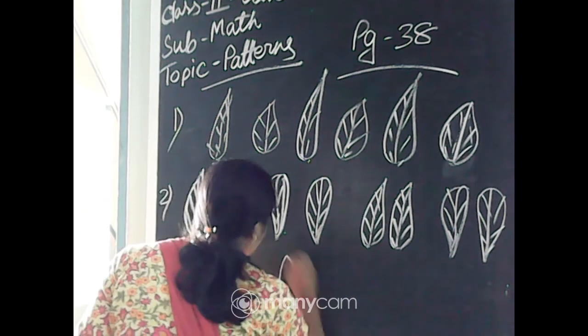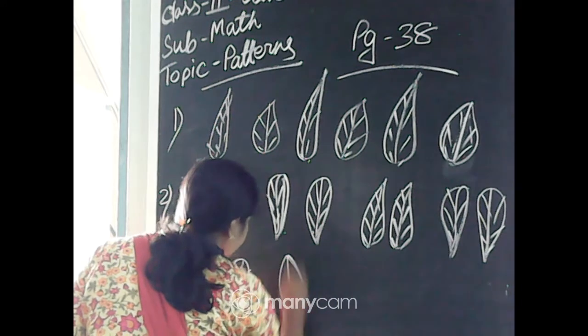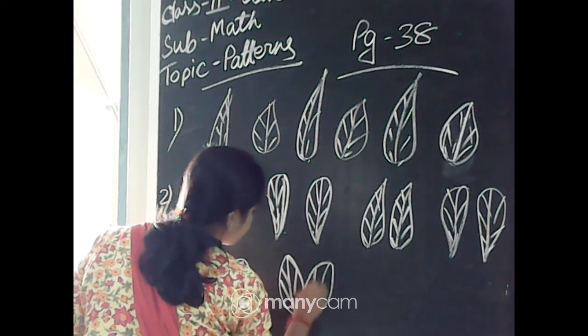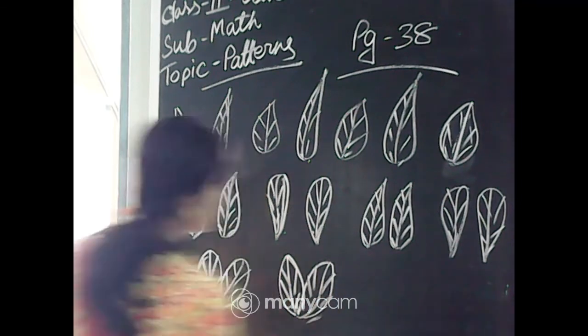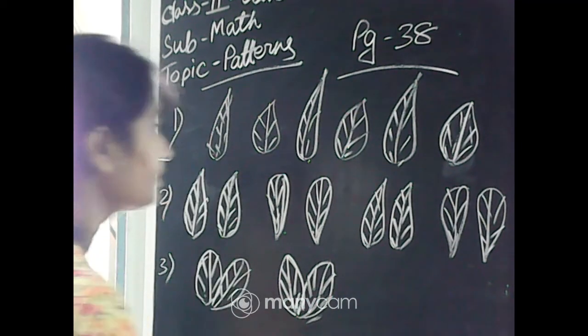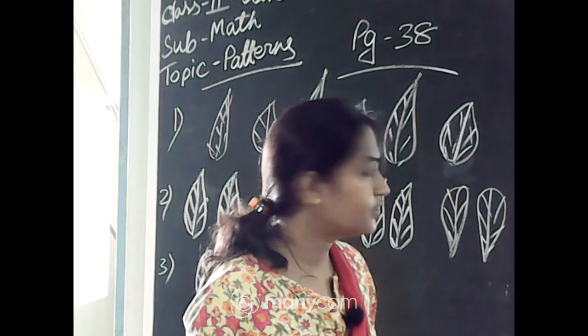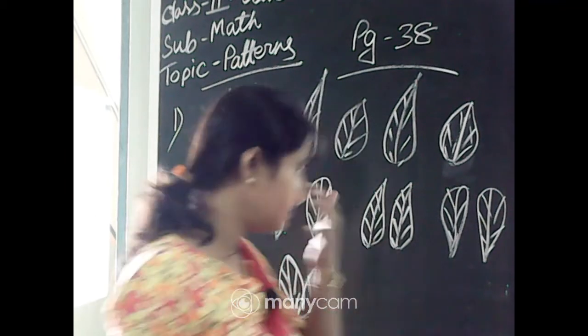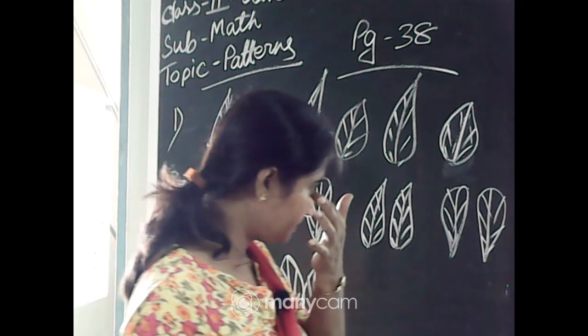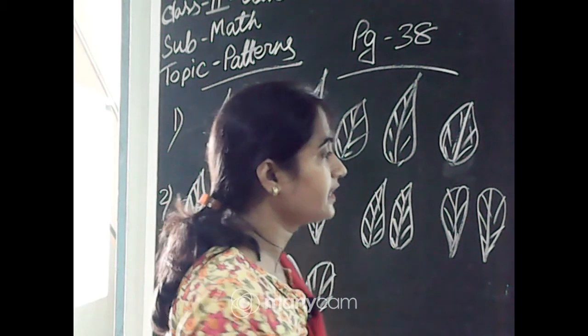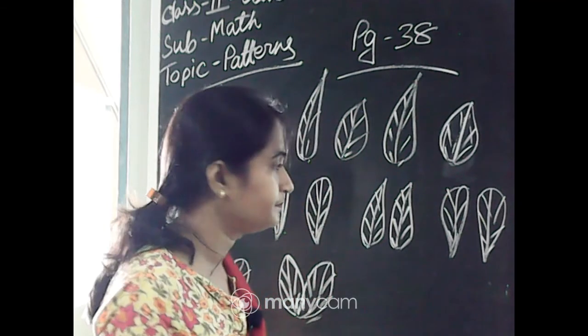Again, two guava leaves in this manner. Who can't see? Do you have any problem, beta? Devushmita? Disconnect and connect again if you have the problem.